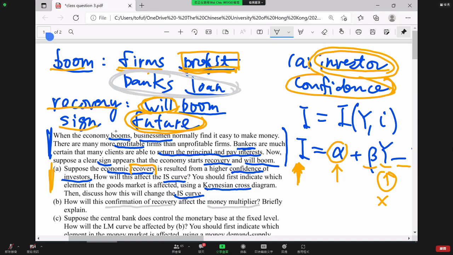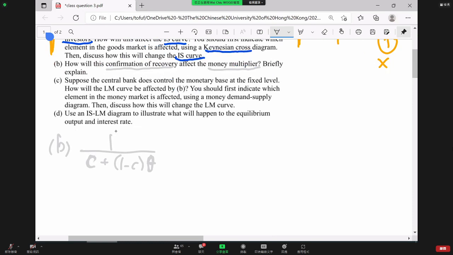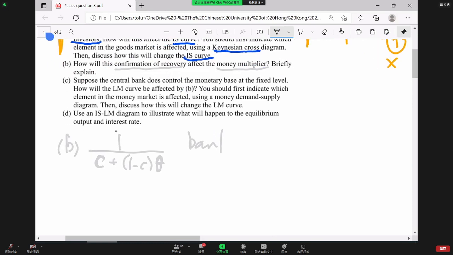The banker, now we get that if the banker thinks that there will be a recovery, so there will be a boom, and so the firms will likely make more profit. And banks, if they lend money to the firms, are more likely to get the principal and interest returned. So in other words, the bankers are more likely to make more loans.